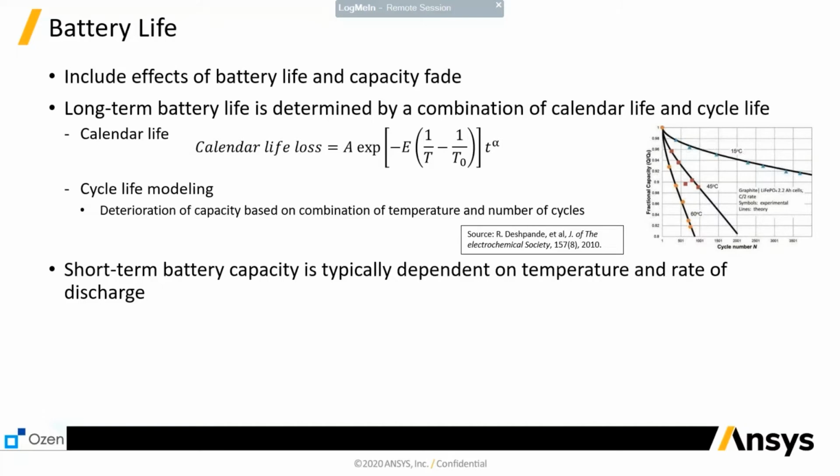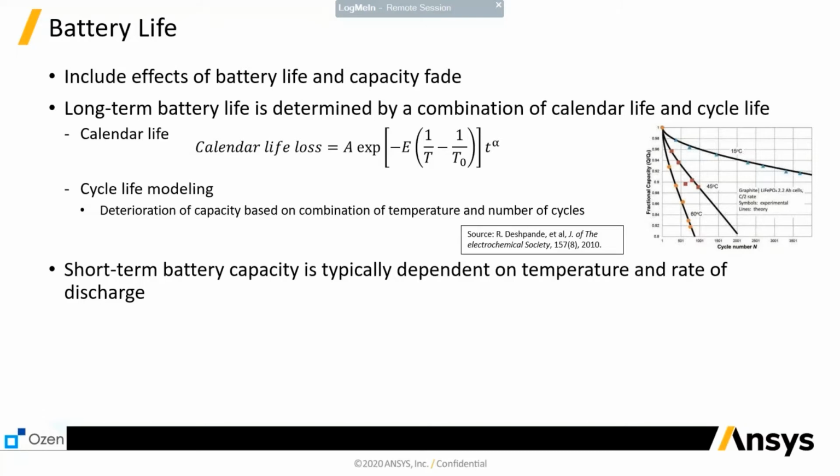As you see here, the more cycles you use the battery, the more the capacity goes down. So after, let's say, 10,000 cycles, you can't get the same amount of capacity that you had at 5,000, because the total capacity goes down and you can get less juice out of the battery.